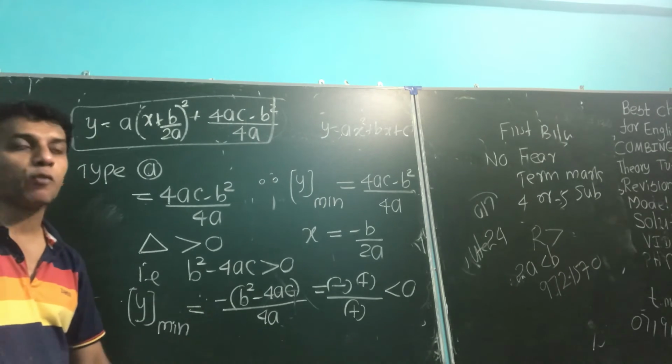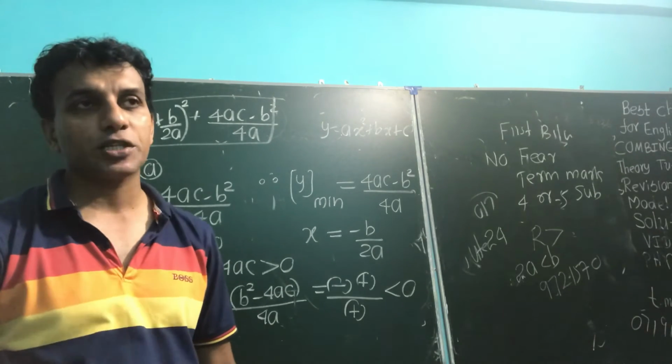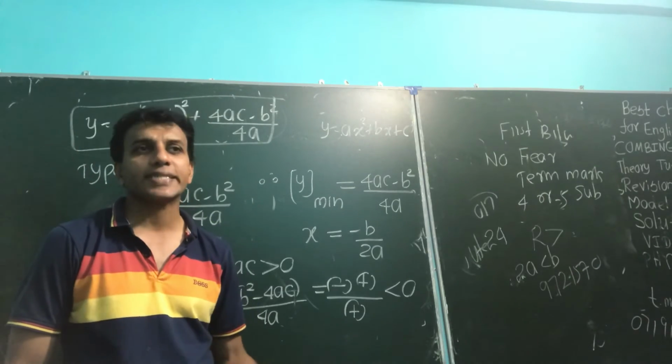Or 2 distinct points, two different points, or 2 real points, right?